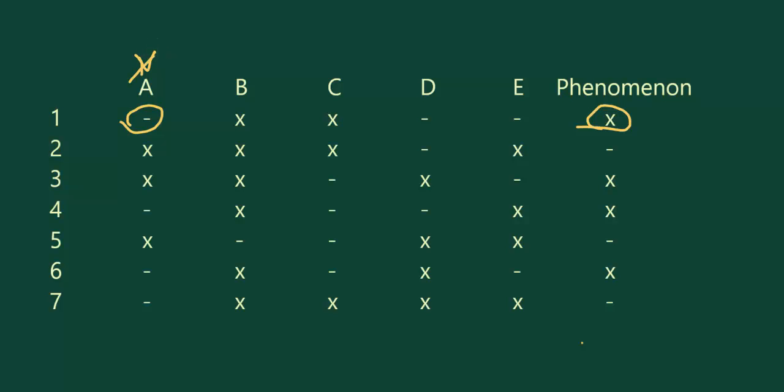We look at B, and in fact, each case in which the phenomenon occurs we see that B also occurs. So we don't get to rule B out.